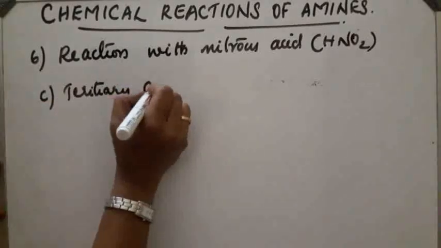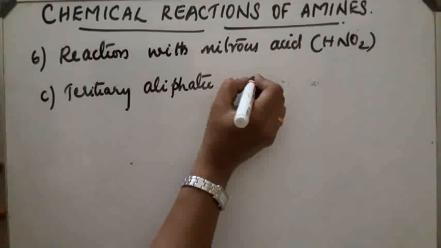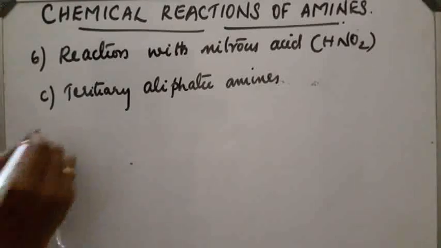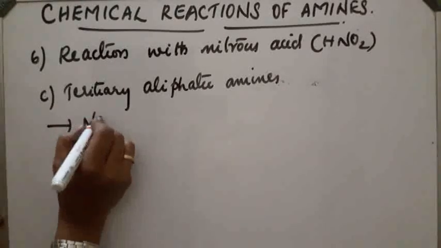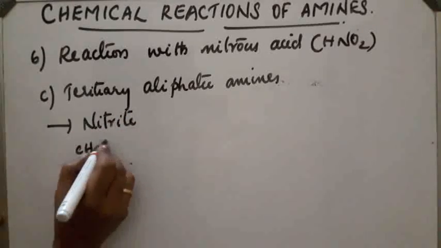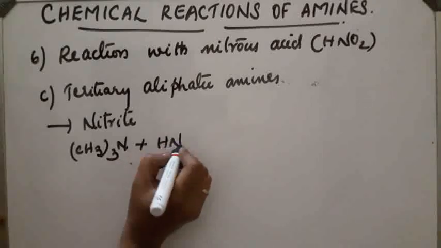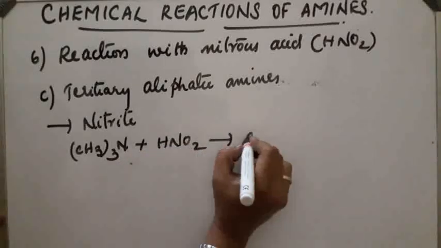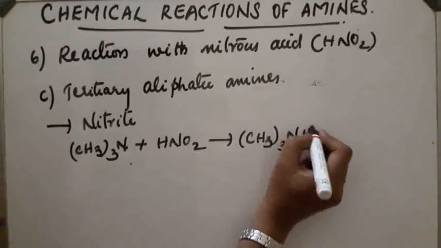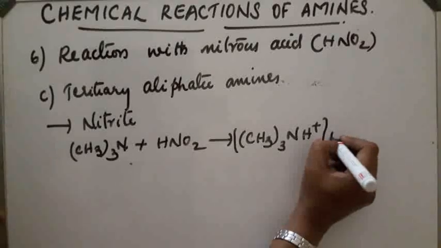Tertiary aliphatic amines give a salt which is a nitrite. Let us see the reaction. (CH3)3N on reaction with HNO2 gives (CH3)3NH+ and NO2-.